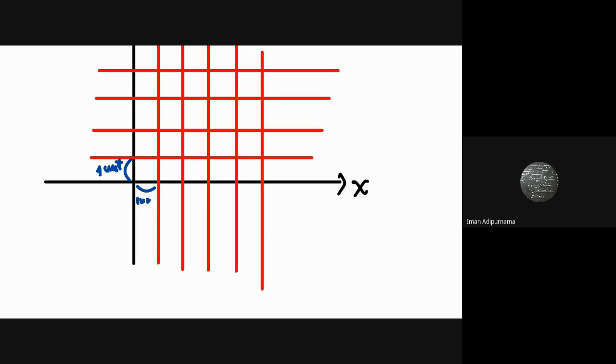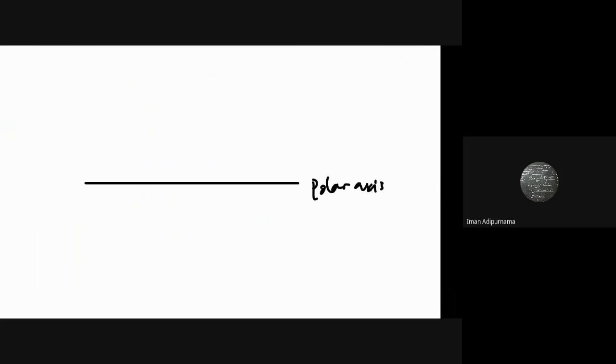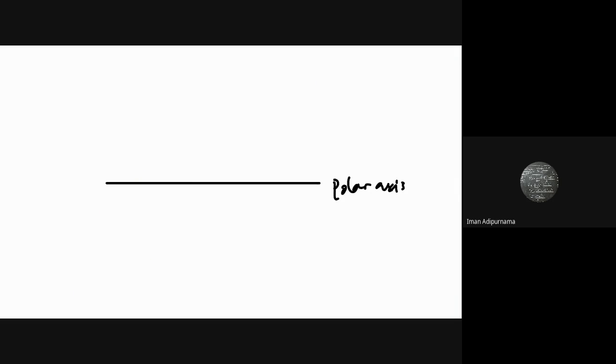So this is 1, this is 1, and 2 and 3 and 4 and so forth. In polar, you will have a circle. So maybe from here.